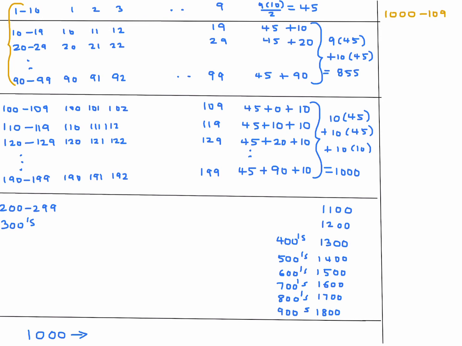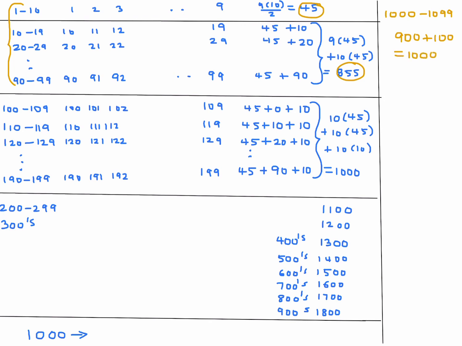So it essentially is the same summation, which in this case was 900, but then you have to consider the fact that every number has a 1 in the 1,000th column, and there's 100 of them. So those 100 ones, which total 100, have to be added. So when you're adding the digits from 1,000 to 1,099, it will equal 1,000.